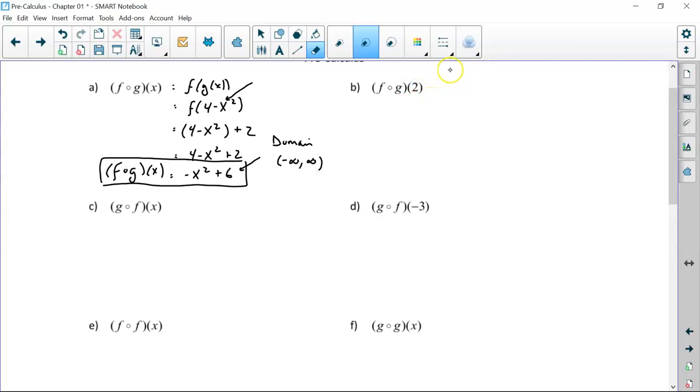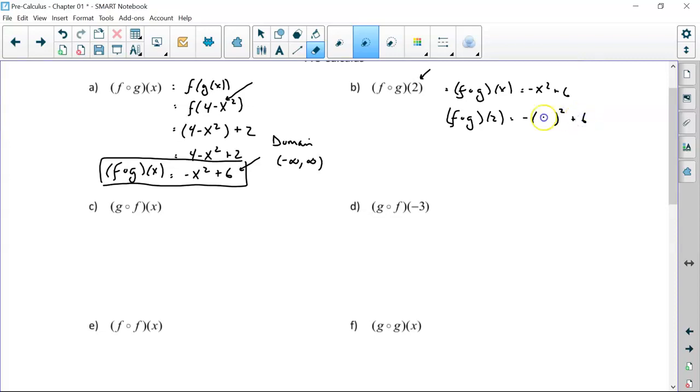Now, in part B, we're finding f of g of 2. Here, our input value is 2. Now, we found f of g of x in part A. So from part A, f of g of x is negative x squared plus 6. So for f of g of 2, we're going to put our 2 in place of x. So it's the opposite of something squared plus 6.